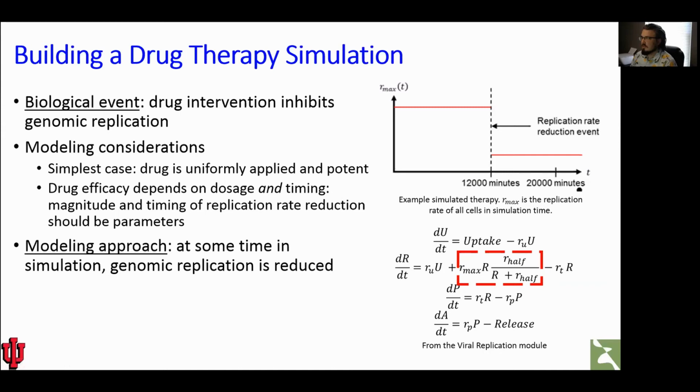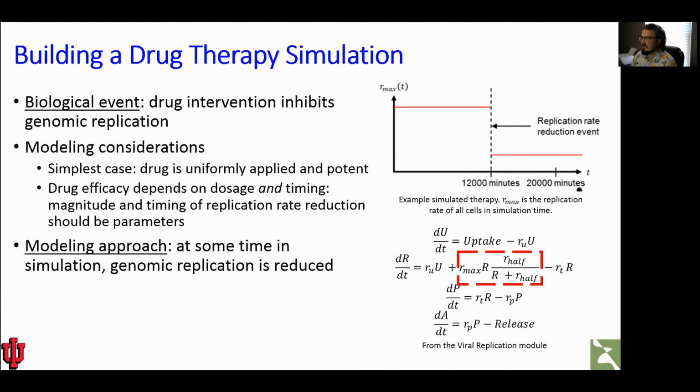We're not going to start by building a steppable, but instead by first modifying an existing steppable. And we're going to do that to build a drug therapy simulation. So this should look familiar. This is the same drug therapy simulation that we reviewed earlier and talked more at length about last week.